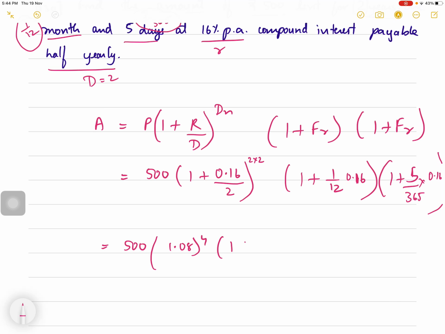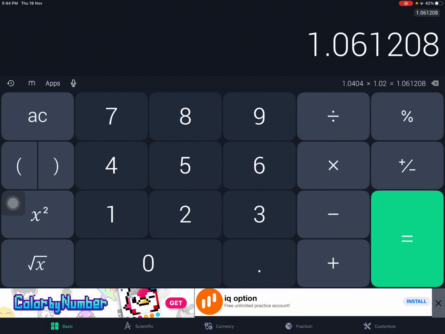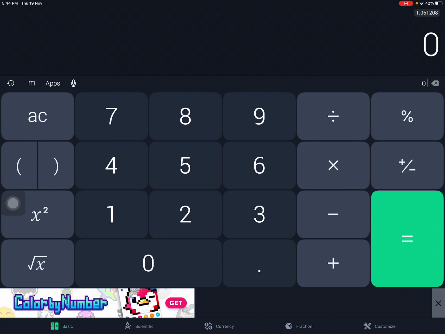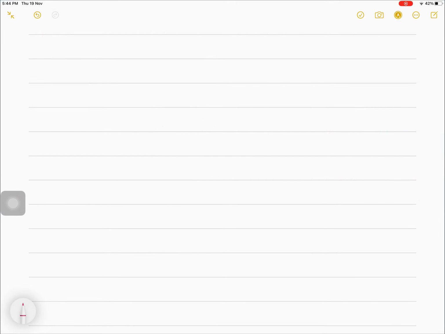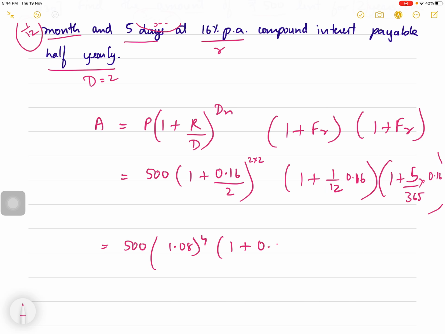Let's calculate this. 1 plus 0.16 divided by 12. It comes to 0.0133.